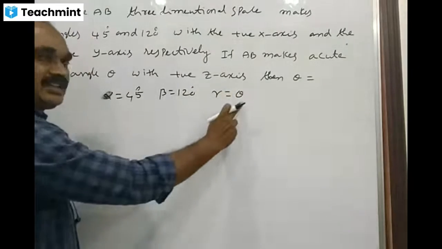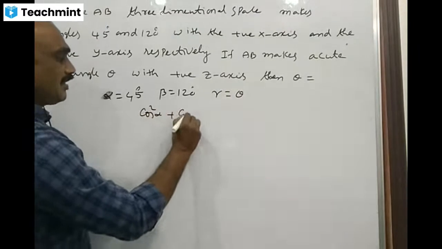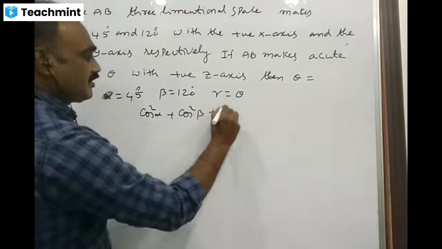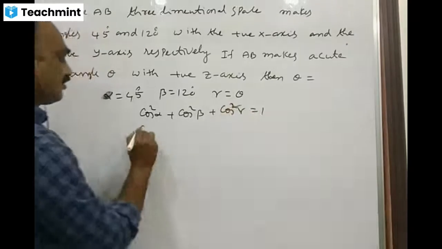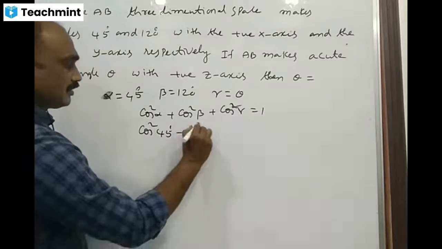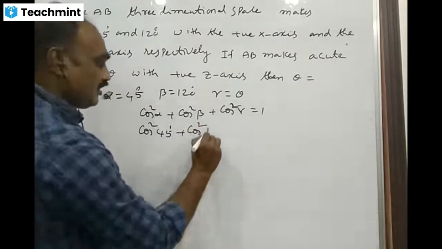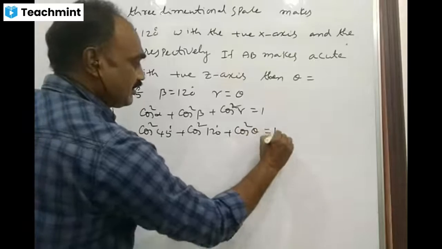Here we calculate theta. Apply the formula: cos square 45 degrees plus cos square 120 degrees plus cos square theta is equal to 1.